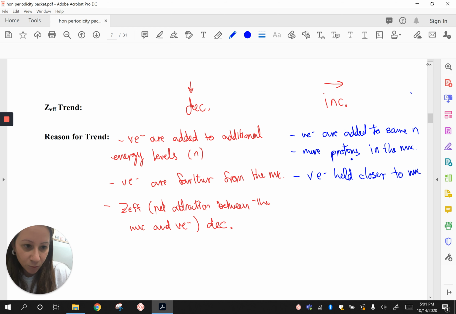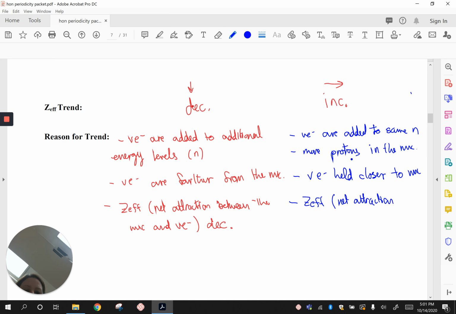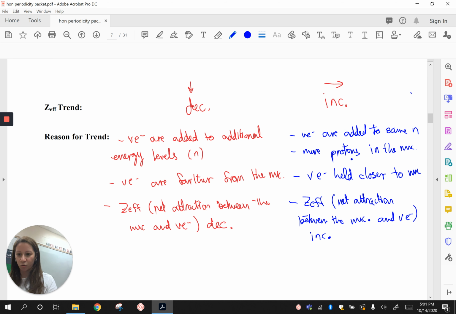The Zeff, or the net attraction between the nucleus and the valence electrons, increases. I have stronger attraction as I go across.